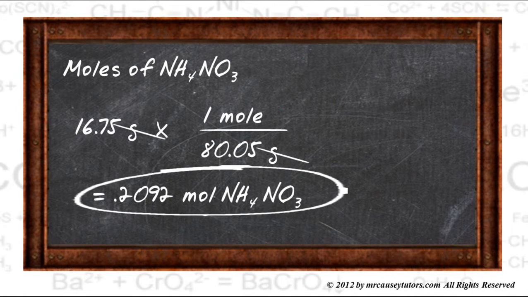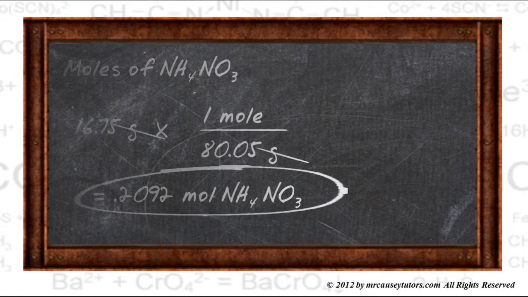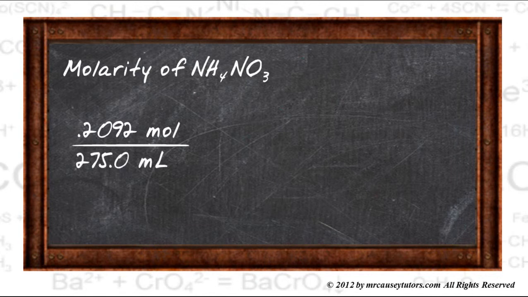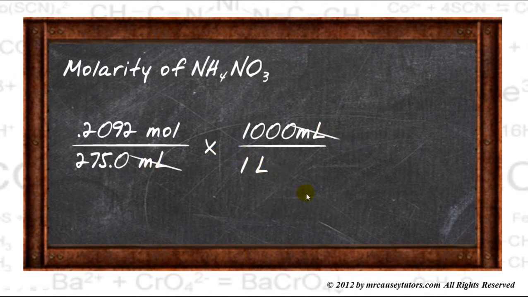So for the molarity, we'll take our moles divided by the solution. And now remember we have to change our milliliters to liters. And so there it crosses out. And I get moles per liter, and that's molarity.